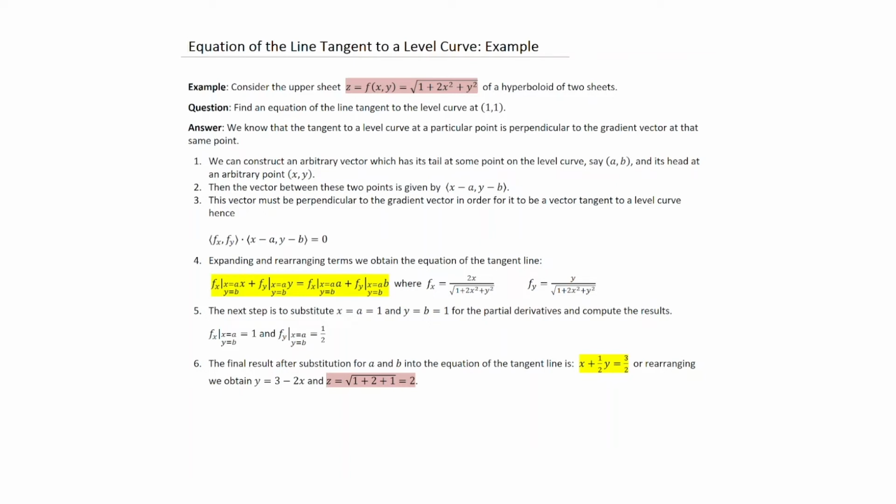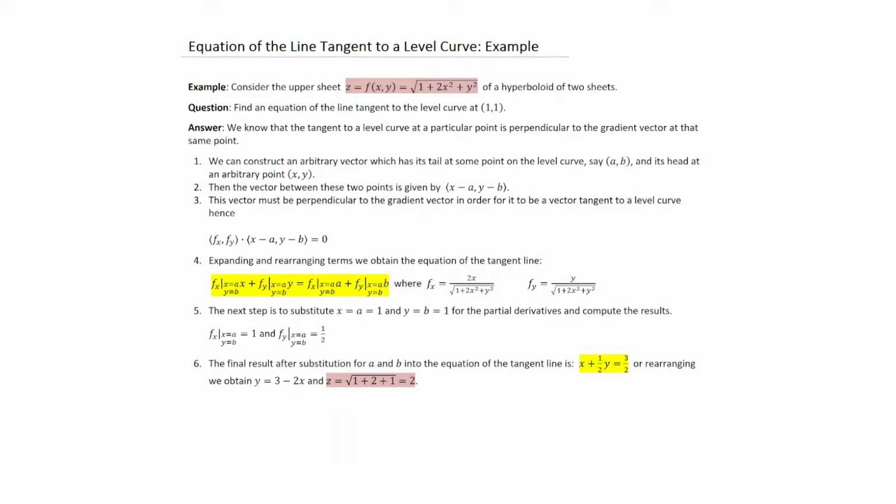All right, we know that the tangent to a level curve at a particular point is perpendicular to the gradient vector according to the previous theorem at that same point. So first thing we'll do is we construct an arbitrary vector which has its tail at some point on the level curve, say (a, b), and its head at an arbitrary point (x, y). It basically can point anywhere you want it to be.